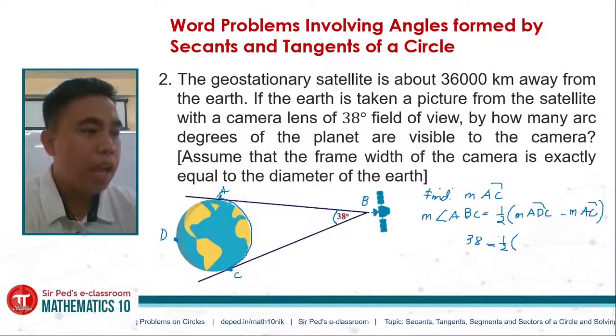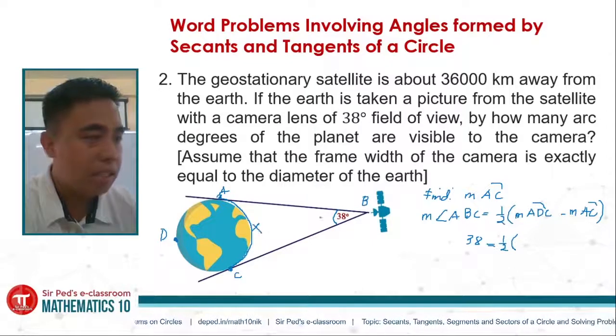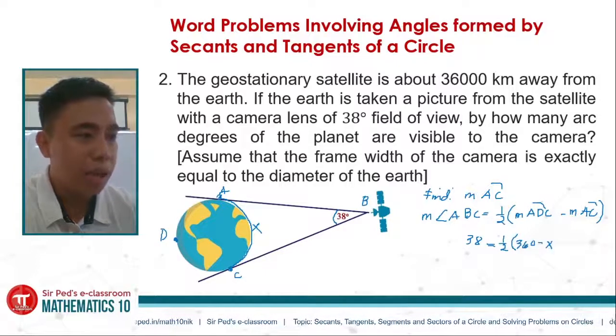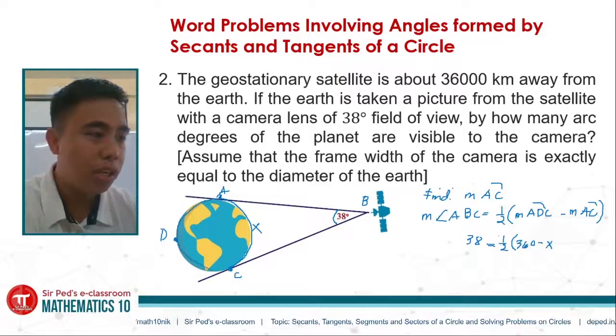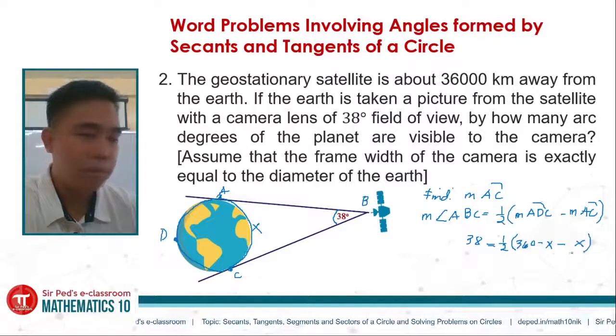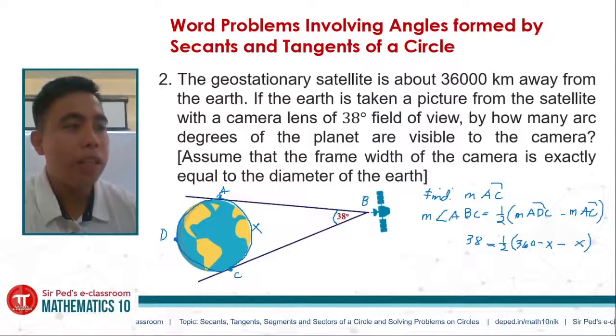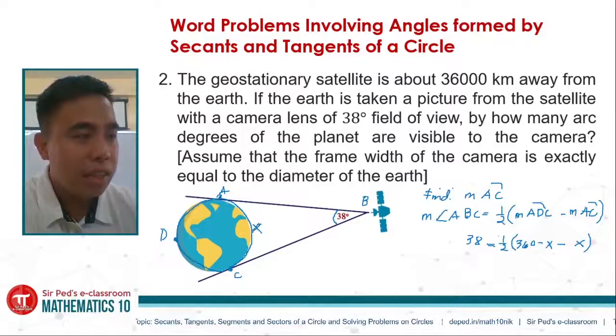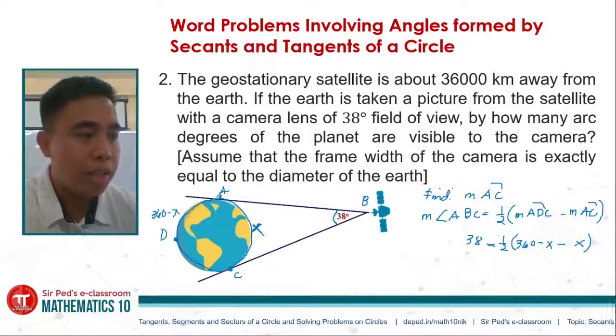So, if we let this as X, therefore, this is 360 minus X. Tama ba? Etong portion na to ay 360 minus X, and then si AC ay X din. Kapag add natin lahat ito, 360. Since linet natin na X ito, therefore, this will be 360 minus X.